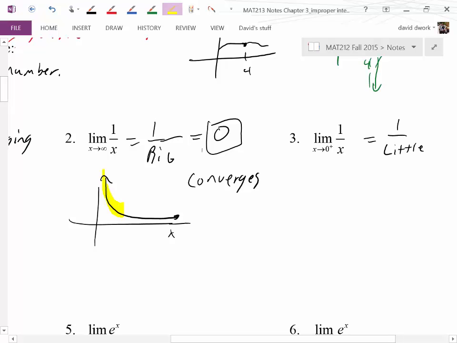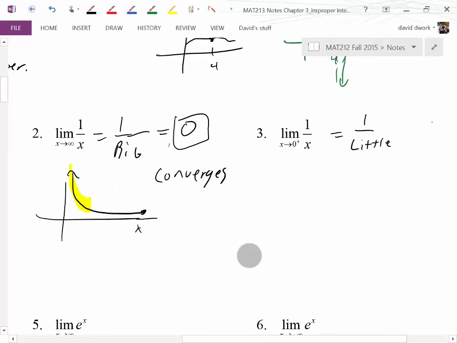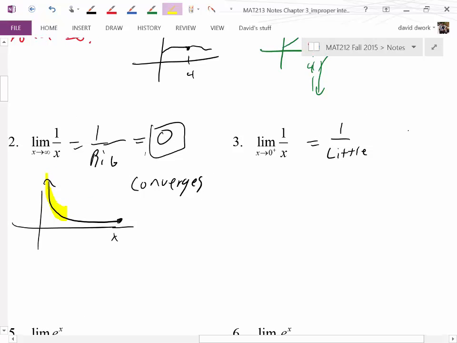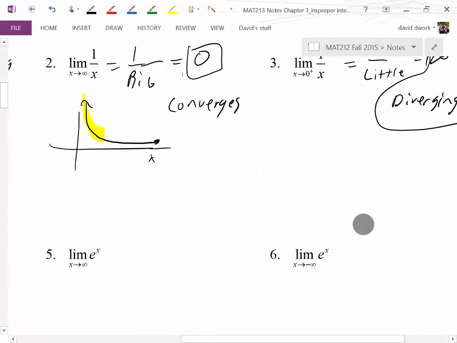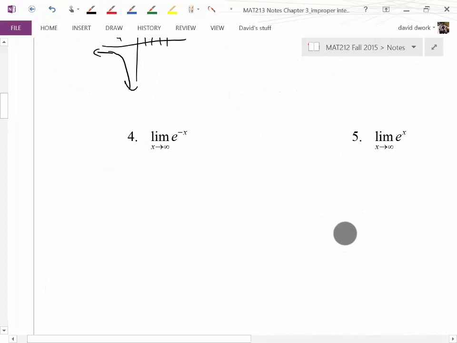We're not actually reaching 0. We're just getting really, really close to it, which means our graph is getting really, really big. It's going up, which means we're approaching infinity, which therefore means we are diverging. Okay, so hopefully this is just a review. Hopefully I'm not going too fast for you. If so, pause it, rewind.